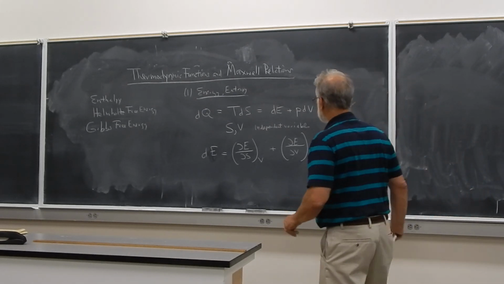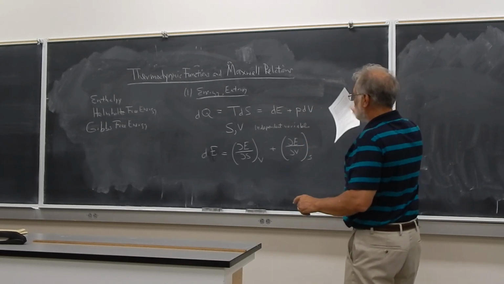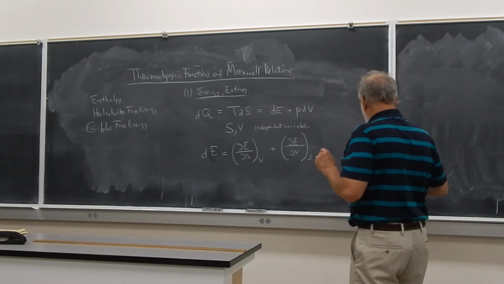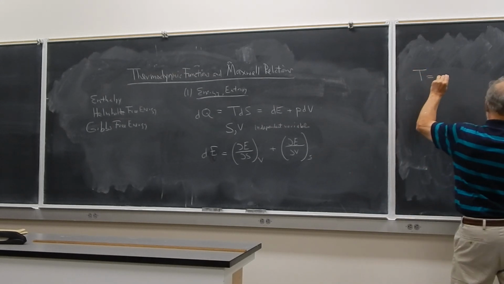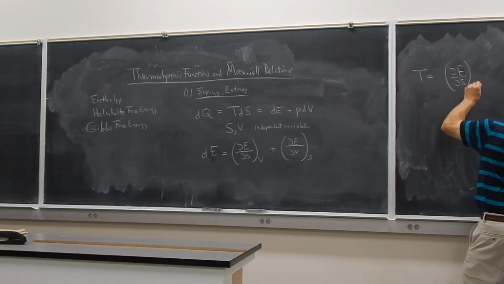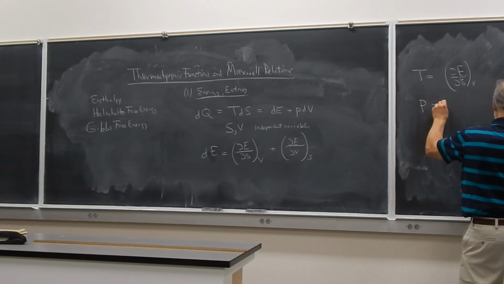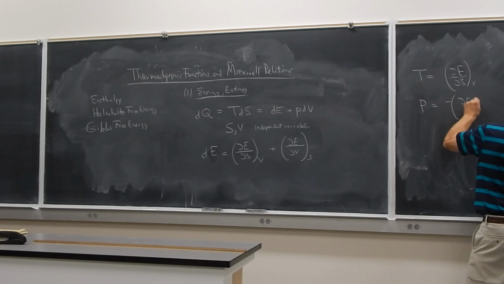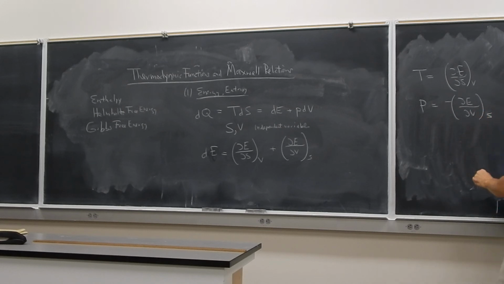Now from this equation, if I'm looking at the relationship between these two equations, I can see immediately that I can write T as dE/dS at constant V, and pressure as minus dE/dV at constant S.